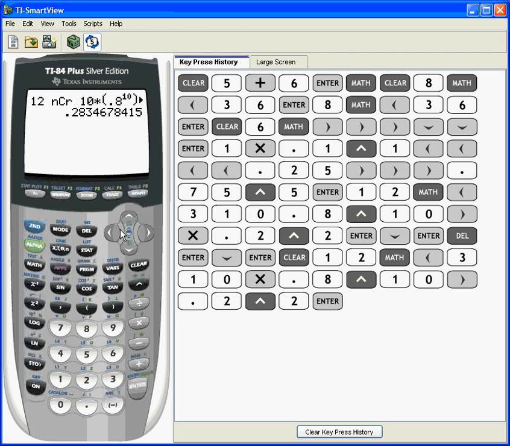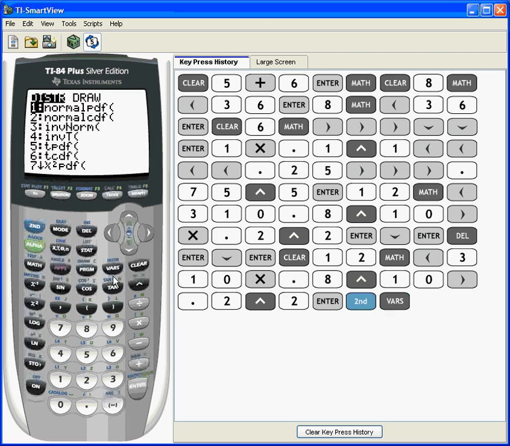So actually, let's go back to the problem we just did, n equals 12, x equals 10, and p equals 0.8. Right here above your VARS button, which stands for variables, you have DISTR for distribution. If you select second and distribution, you get this list. It says normal, inverse normal.